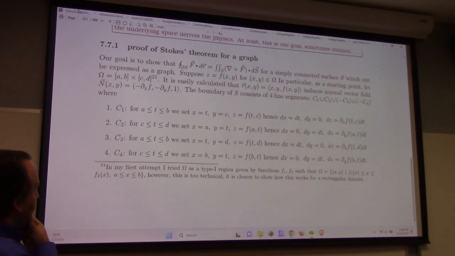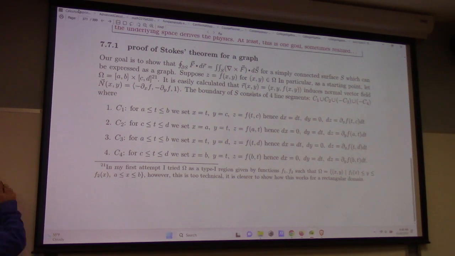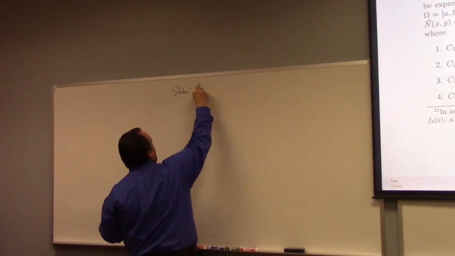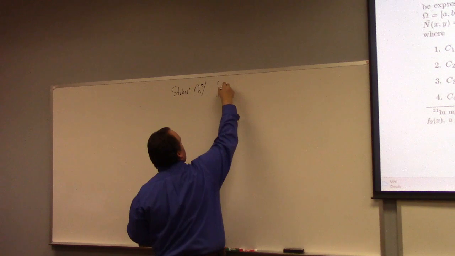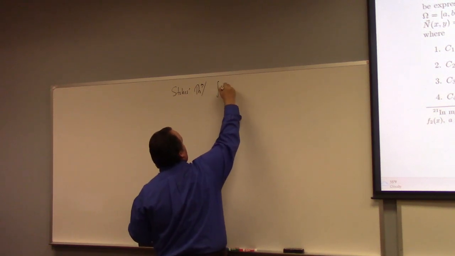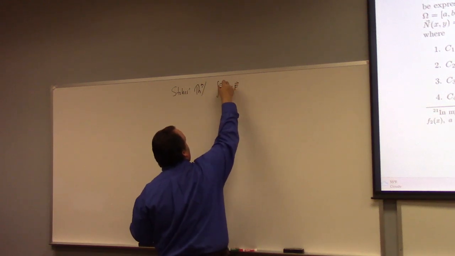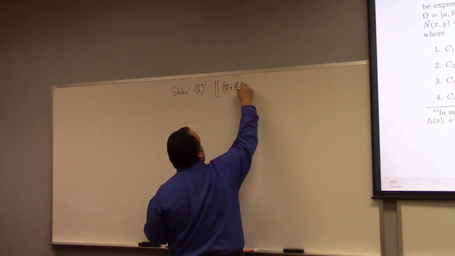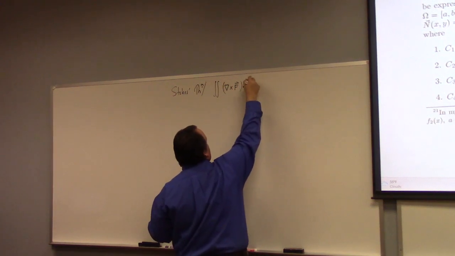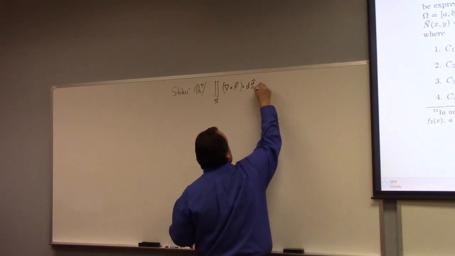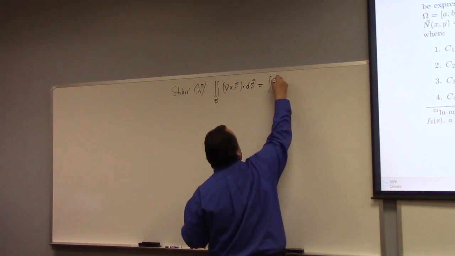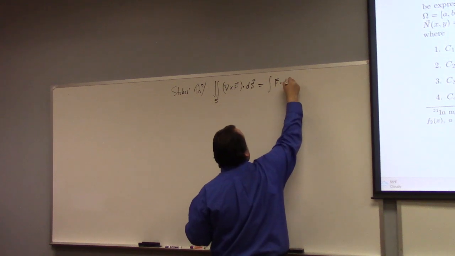And so what does Stokes' theorem say? Stokes' theorem says that the integral of the flux, rather, of the curl of a vector field over some surface is equal to the line integral of the vector field around the boundary of the surface.